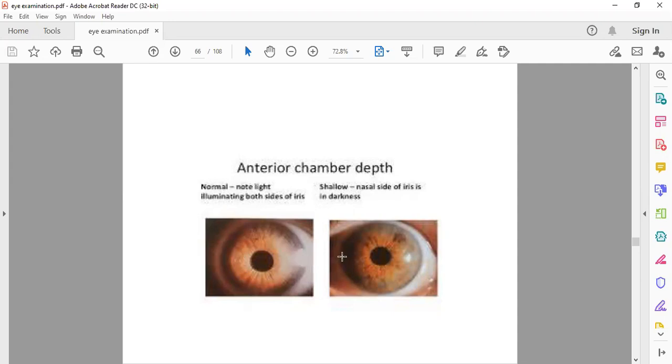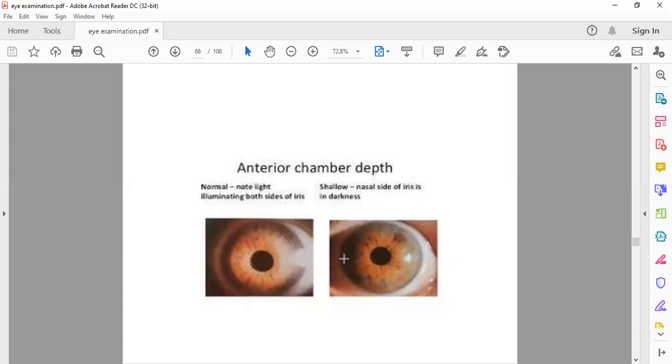In this patient, just compare this slide with this slide. This is temporal, this is the right eye, this is the left eye. In the right eye I put light here, and the nasal part is illuminated. But in the left eye, I have put light here, but I can't see the nasal side.